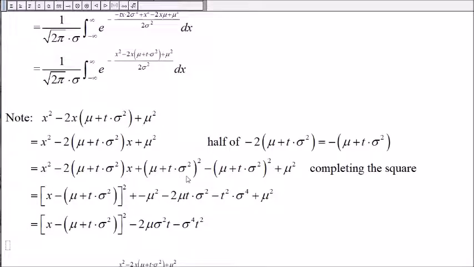The first three terms here, the factors are x minus (mu plus t sigma squared).